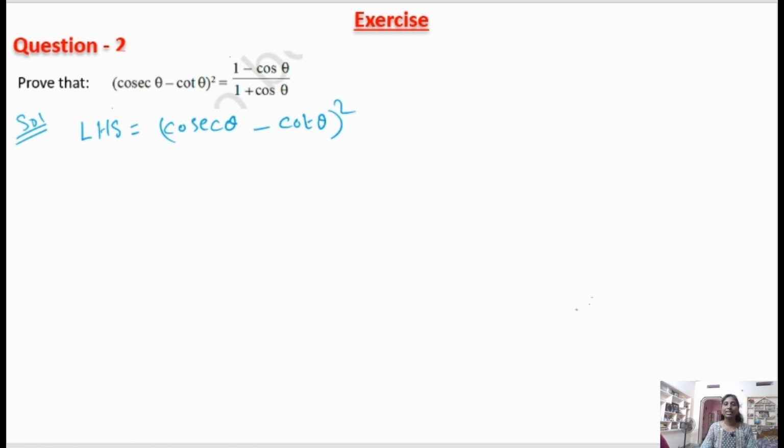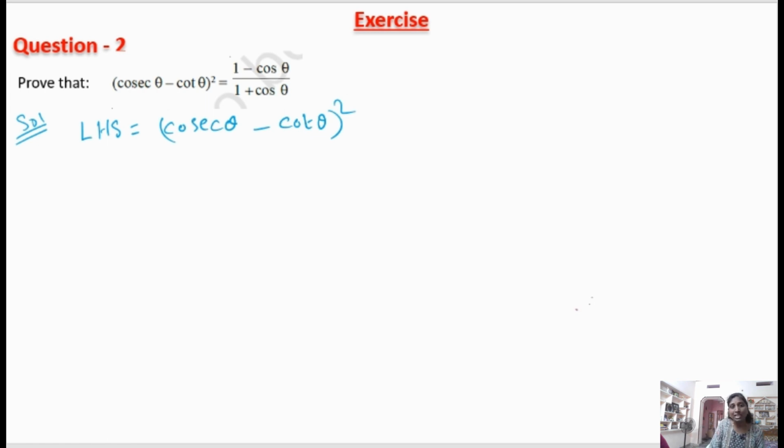So many students think that here we should use a minus b whole square identity, but it will be tough for you. Okay, so what is the easy way? Whenever you see cosec and cot, or sec or tan, then you should convert it. You should express it in terms of sine and cos.